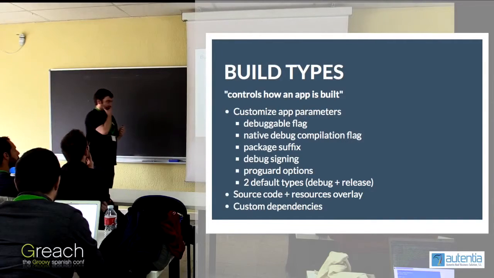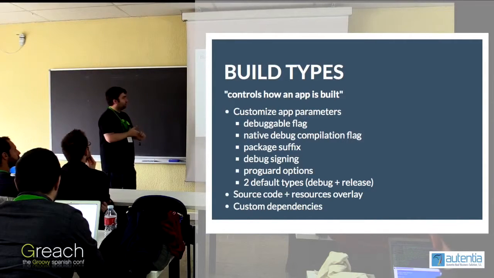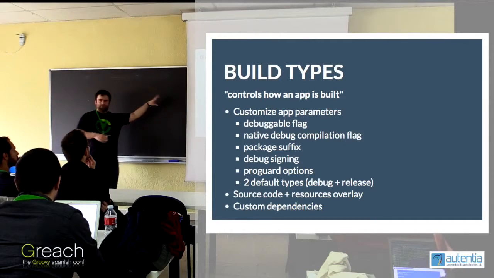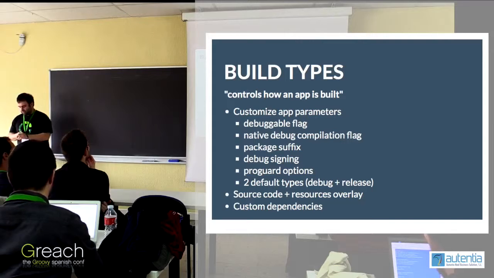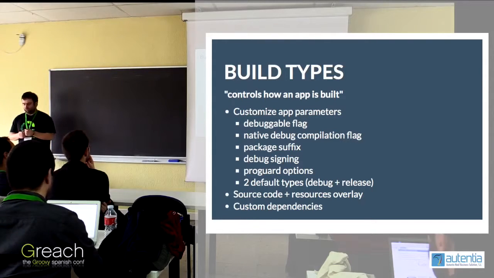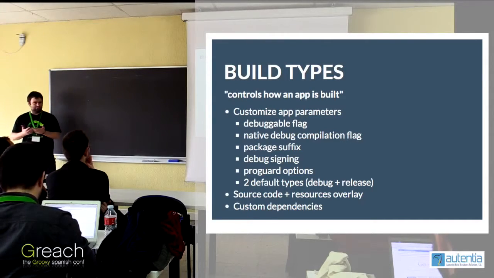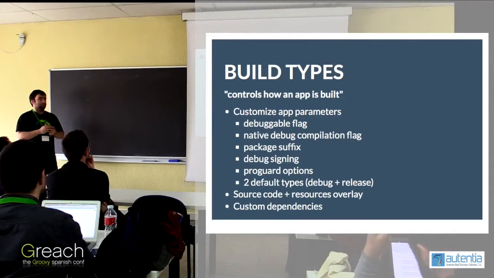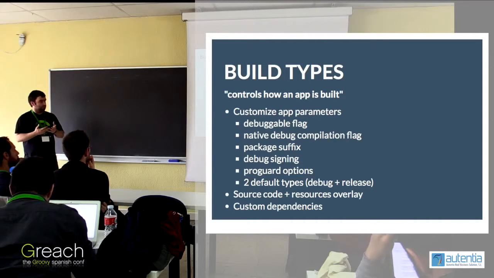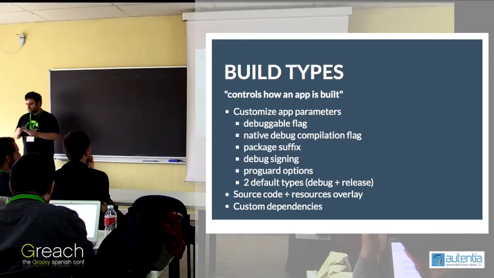So you can imagine for the debug build type, for example, you have all the debug options enabled by default. But if you debug your code, you don't need all those ProGuard options. So that makes the process faster and simpler for the debug one. And if you have a release, you have heavy ProGuard options.